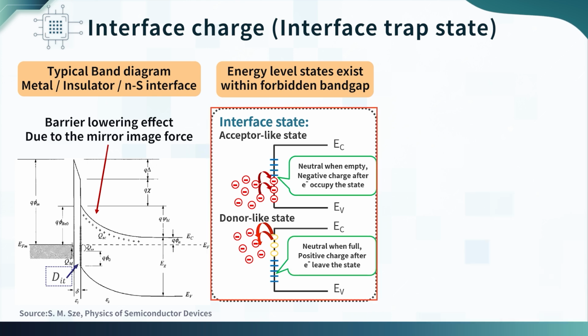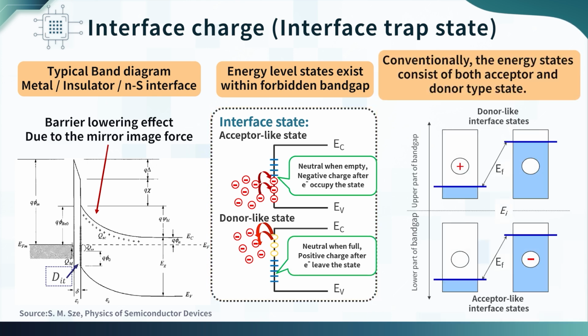This schematic can also be illustrated on the right-hand side, with a donor-like interface state or an acceptor-like state here. As you can see, under the neutral condition, when your Fermi level is below the defect state, the state is empty, so it's neutral without any charge.